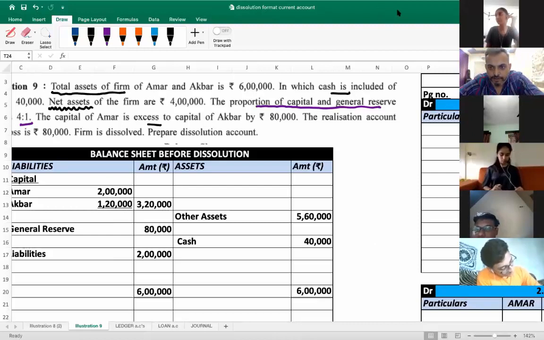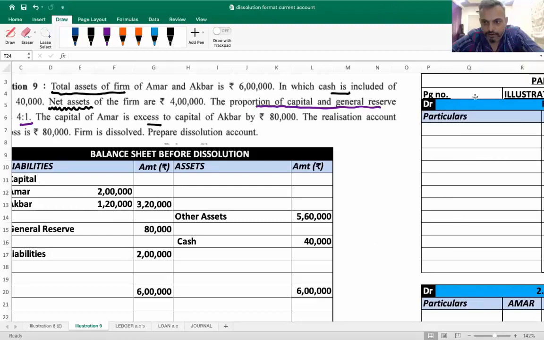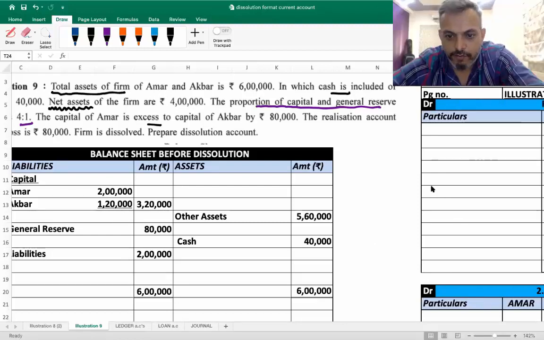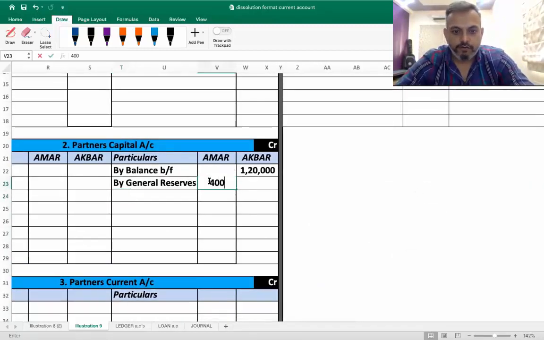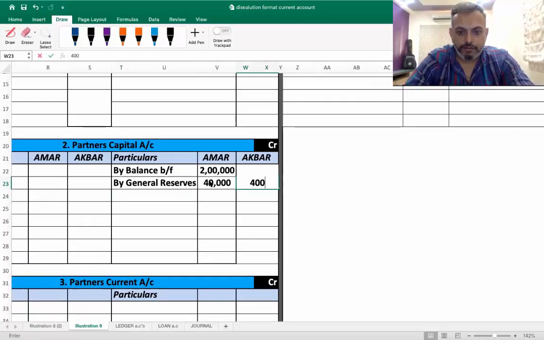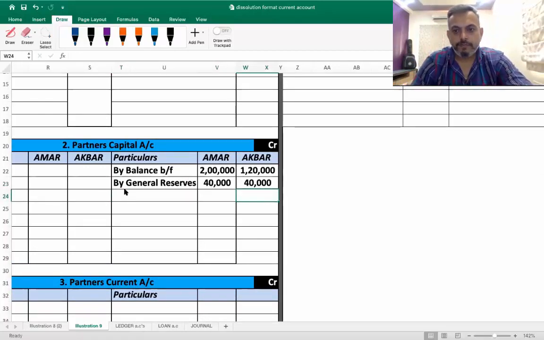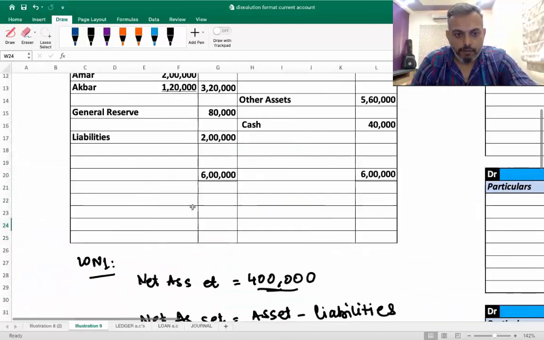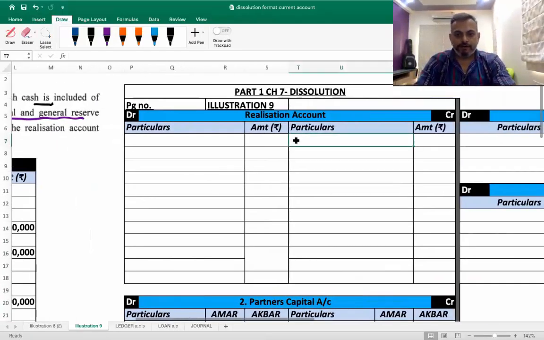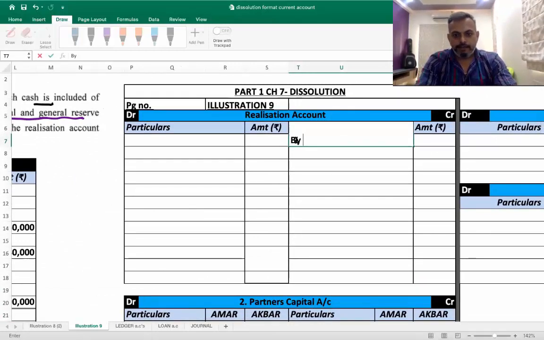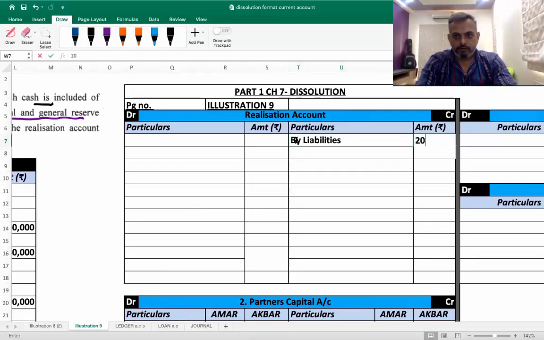So let's transfer the reserve equally. So by general reserve, 80,000 goes 40,000 and 40,000. Now, general reserve हो गया. Liabilities 2 lakh we transfer by directly liabilities. Amount is 2 lakh.